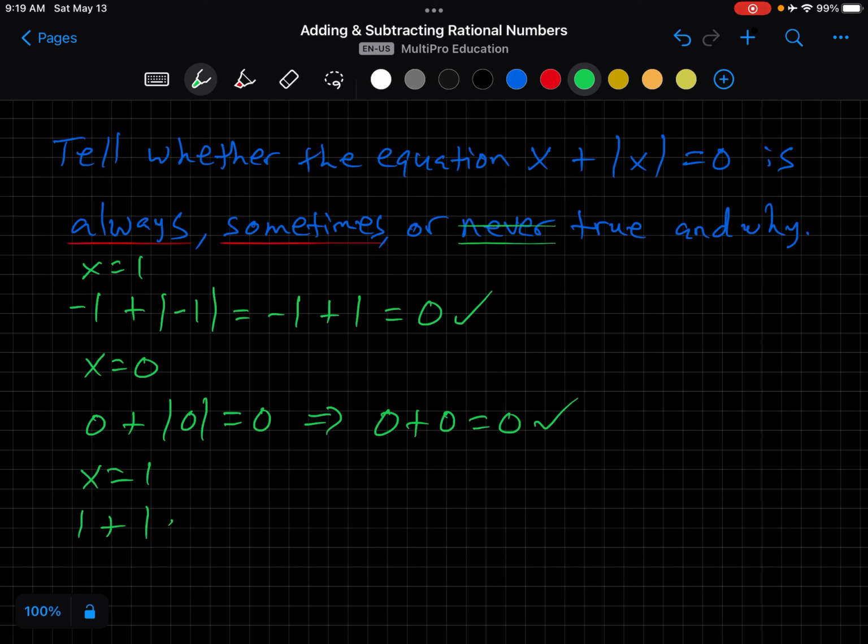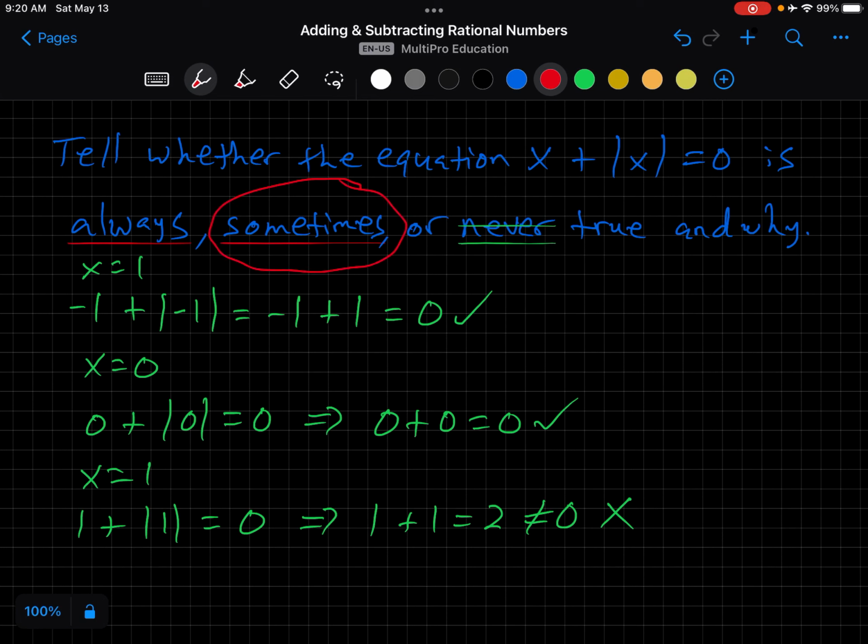Let's do x equal to 1. 1 plus the absolute value of 1. Is that equal to 0? So 1 plus 1 equals 2. That does not equal 0. So we found that the answer is sometimes.